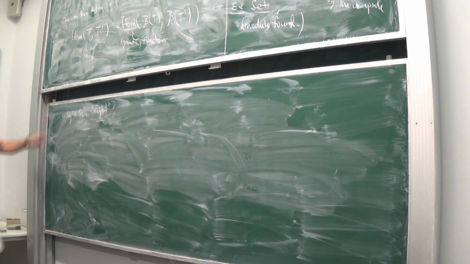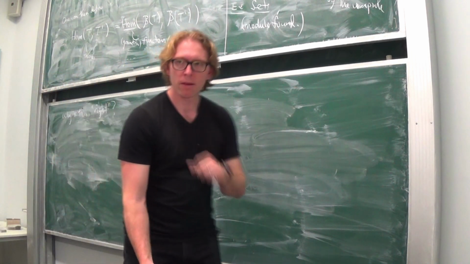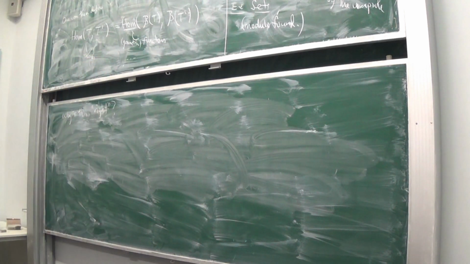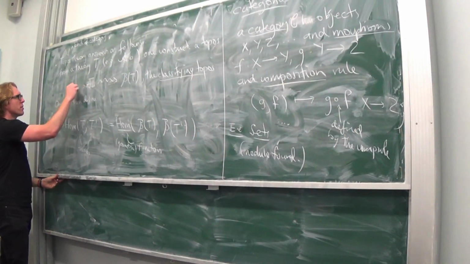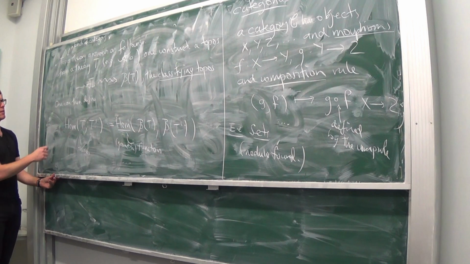No? Okay. I have a question. To build this classifying topos of T, I think it's denoted, do we just need the category T, or do we need further data, like the forgetful functor, that kind of stuff? Yeah, good question. So the thing we start with, I haven't really said what I mean by a theory, so that's maybe a good place to start.